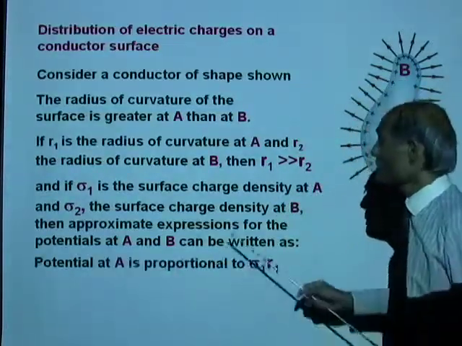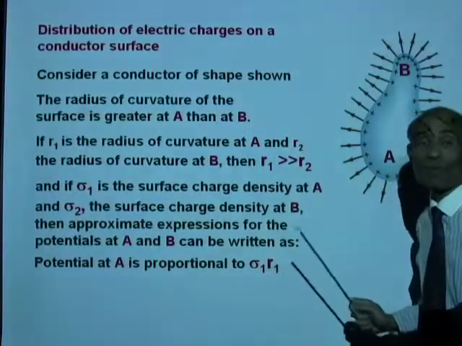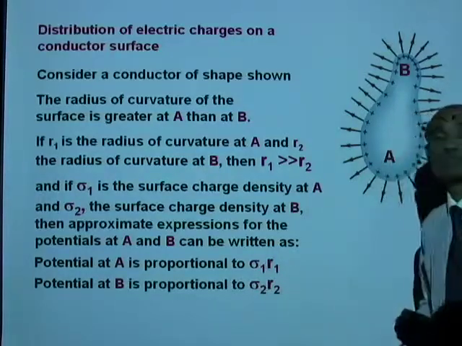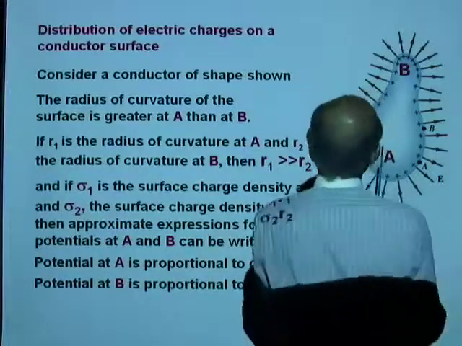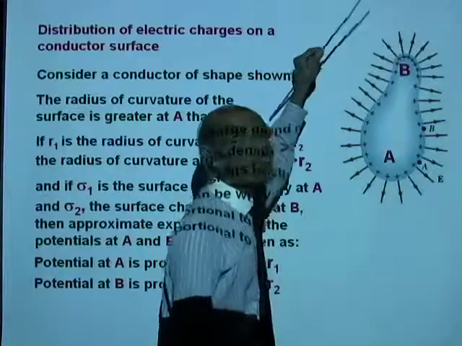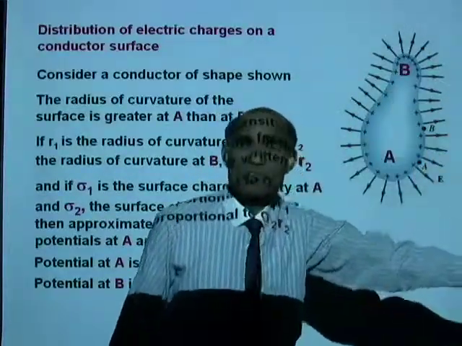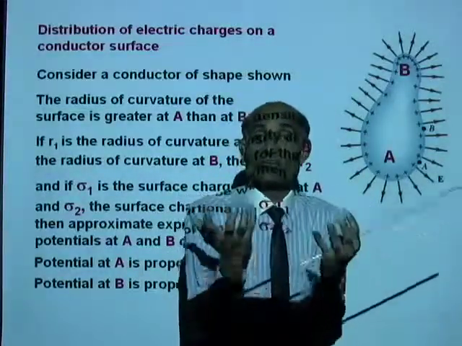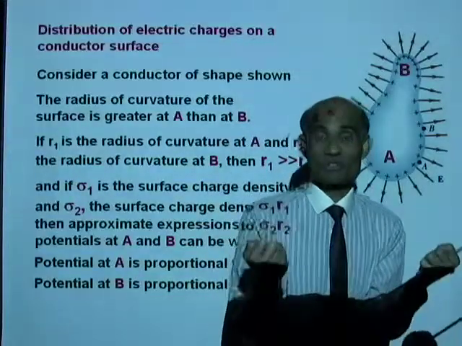Now that means the potential at A is sigma 1 R1. Potential at B will be sigma 2 R2. Tell me, what is the relation between potential at A and potential at B? Didn't we say just about 5 minutes ago that the surface of a charged conductor, irrespective of its shape, is an equipotential surface?